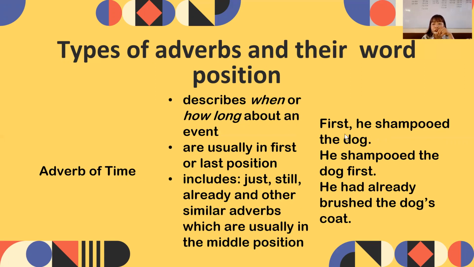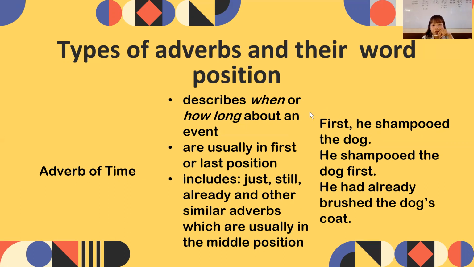For example, first, he shampooed the dog. When did he, or what step was his shampooing of the dog? It's the first step. So first is an example of your adverb of time.